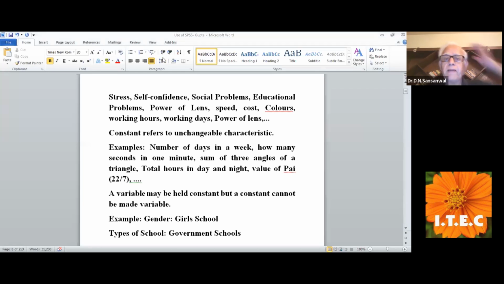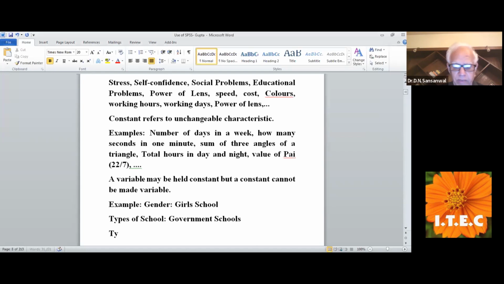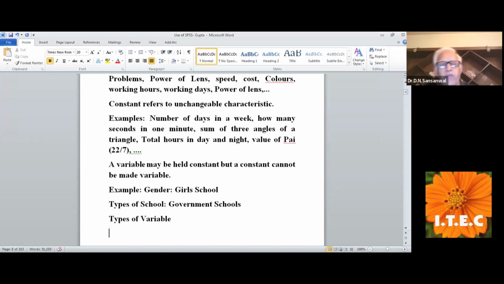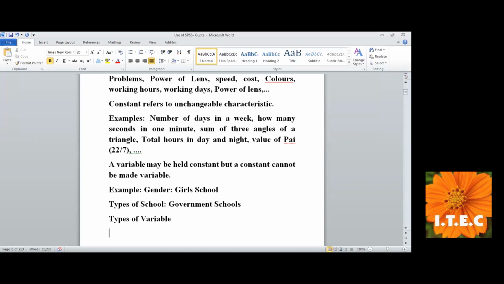Now, next I go to how many types of variable. Can any one of you tell me the types of variable? How many types of variable do you know? Name, Rawat, name.